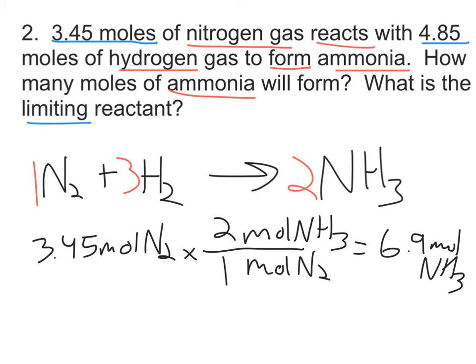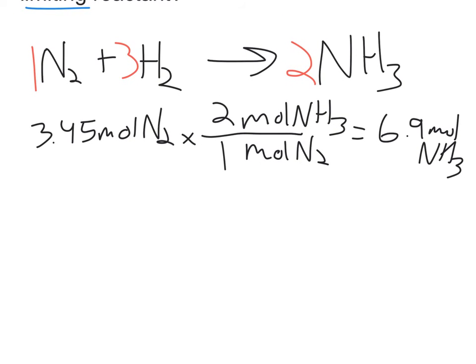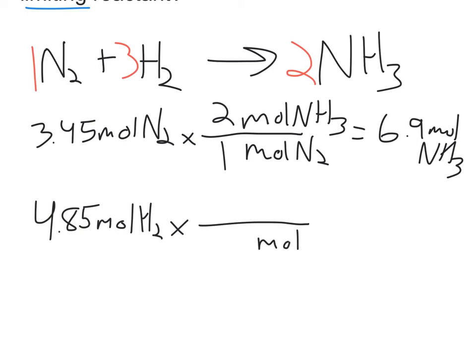Now, we're not done, though. That's one of the 2 things I had to make, but the other one was 4.85 moles of hydrogen. So let's go down here and do that. 4.85 moles of hydrogen. Convert that times a fraction. If I start with moles hydrogen, then moles hydrogen have to go on the bottom.